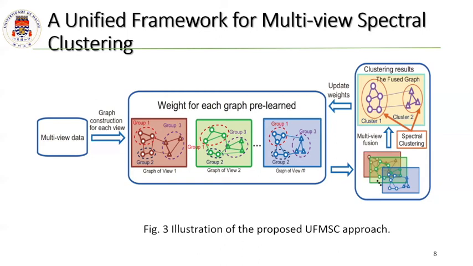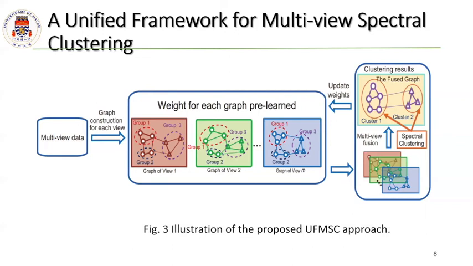To address the above issues, our paper designed a novel unified framework for the multi-view spectral clustering method to integrate the common affinity matrix learning and discrete label learning in a framework. We further propose to automatically learn the weight of each view to avoid the influence of noisy views, while assigning the uninformative view a small weight and the informative views a high weight.